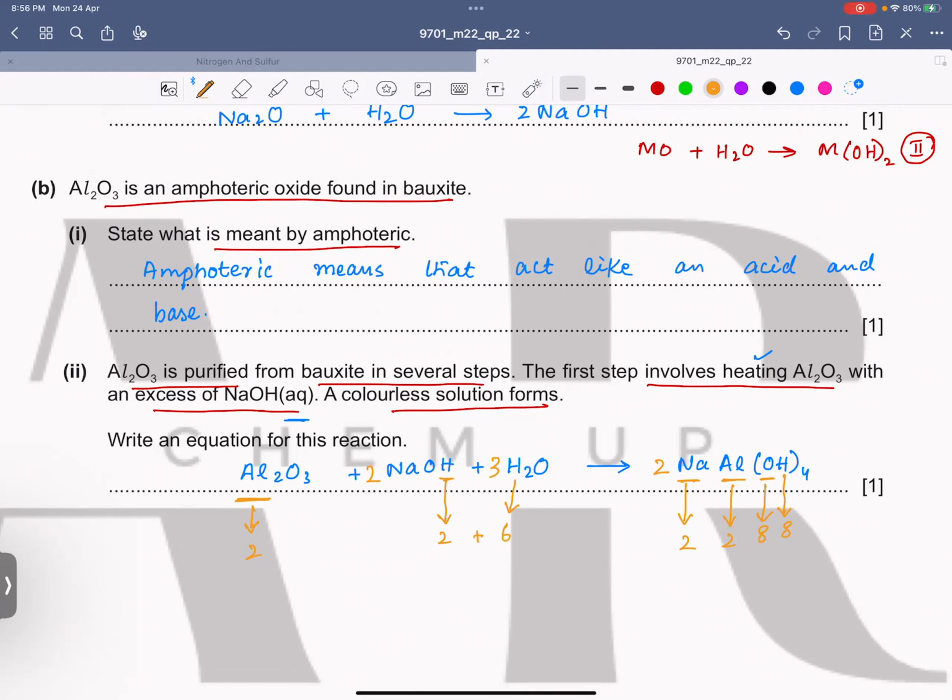So 6 plus 2, 8 hydrogens over here. Now, if you count oxygens, there are 3 oxygen over here, 2 oxygen over here, and 3 oxygen over here. So this 3, this 2, and this 3 gives you 8. So now the equation is balanced.